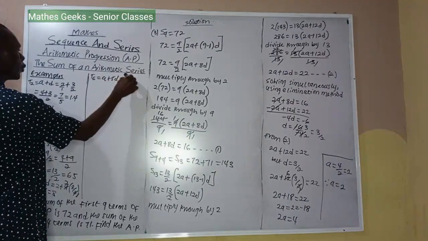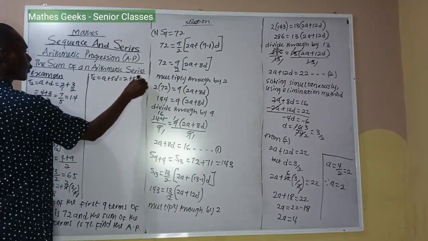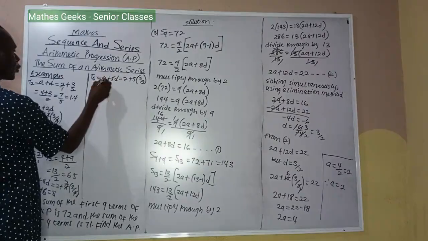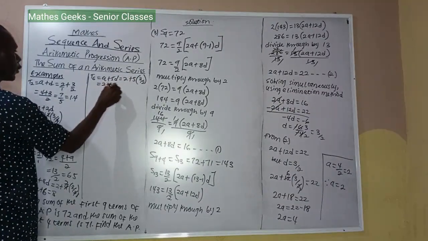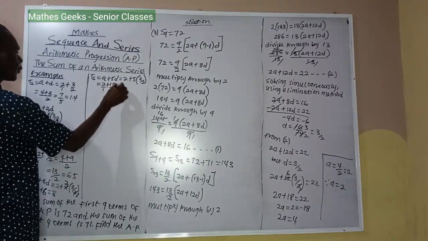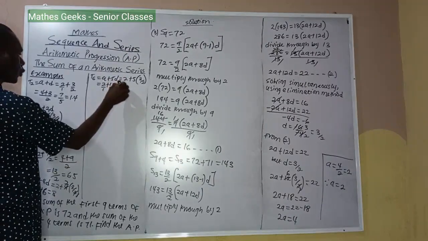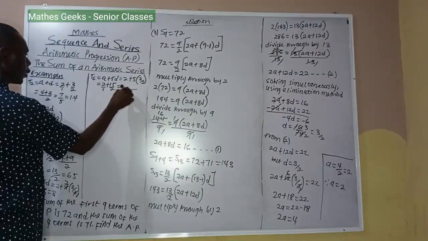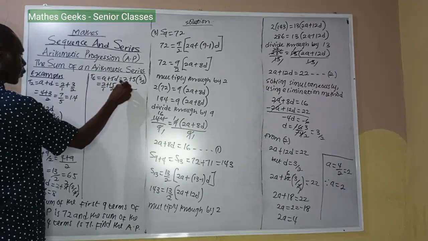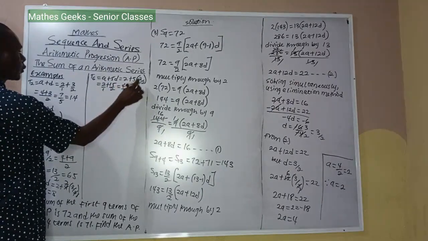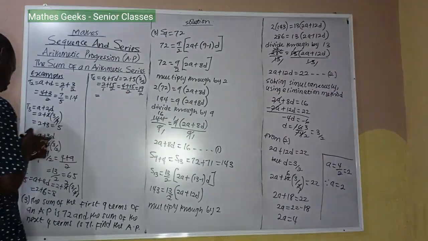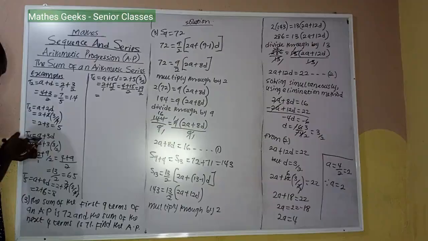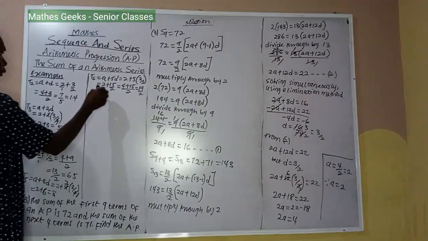So 2 plus 5 times 3 over 2, 2 plus 15 over 2. LCM is 2. 4 plus 15, 19 over 2. And that will give us 19 divided by 2, 9.5.